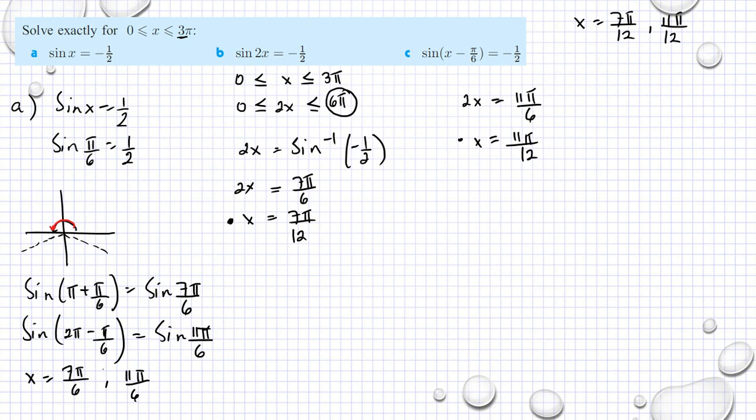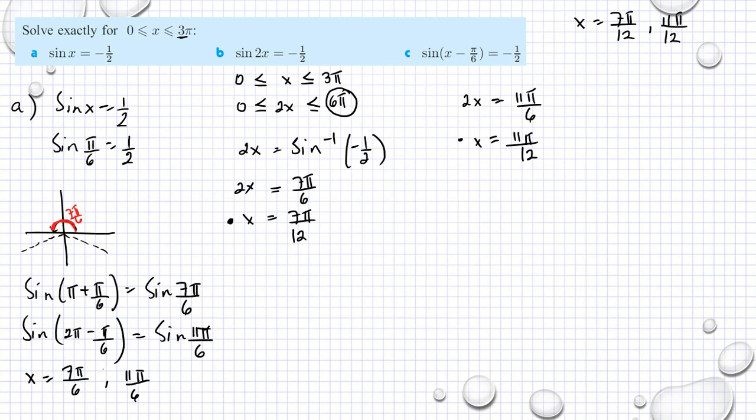Okay, if we look at our graph, we have this one, the red one that I wrote here, that is 7 pi divided by 6.